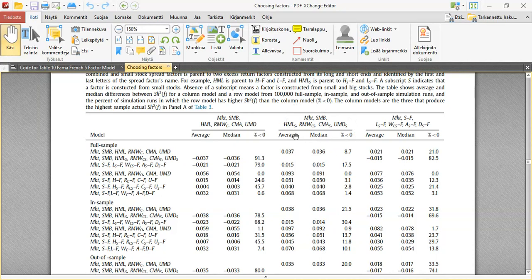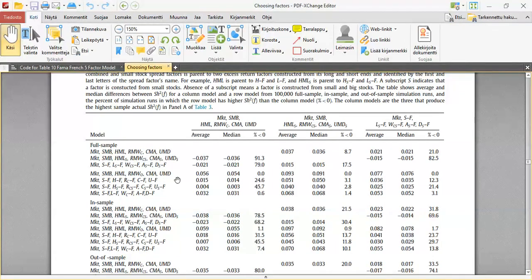So this column model really outperforms, okay? So again, this 8.7 tells us something about the significance of the difference in maximum squared Sharpe ratios.